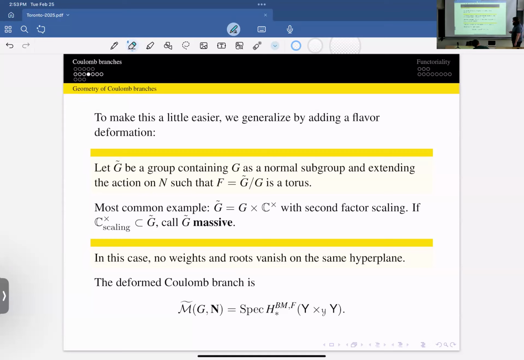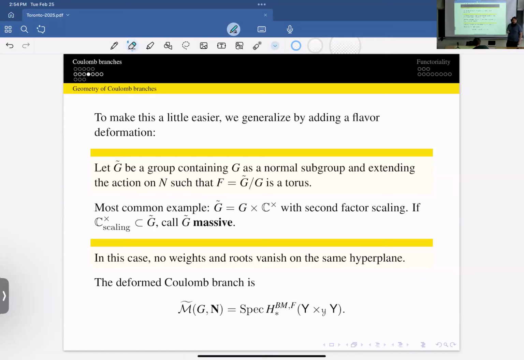This is Telemann's fault for using this term, but he thinks of this as adding some extra masses in your physical theory. The thing that's nice about this is I never have to worry about weights and roots vanishing on the same hyperplane. All the weights have weight 1 under this C star. All the roots have weight 0 under this C star.